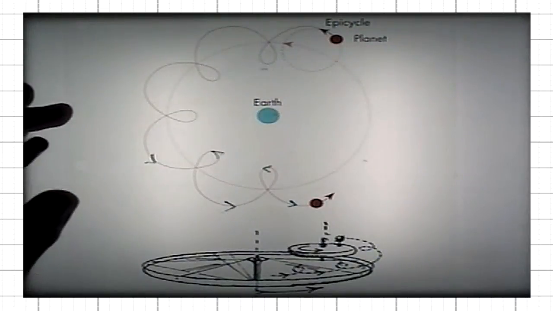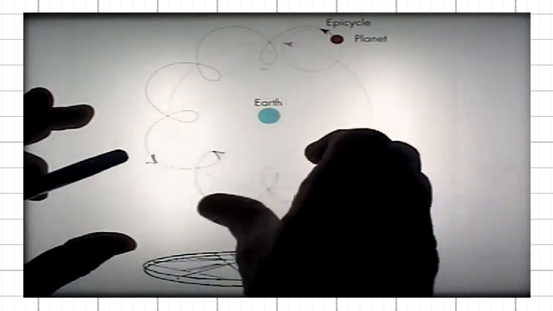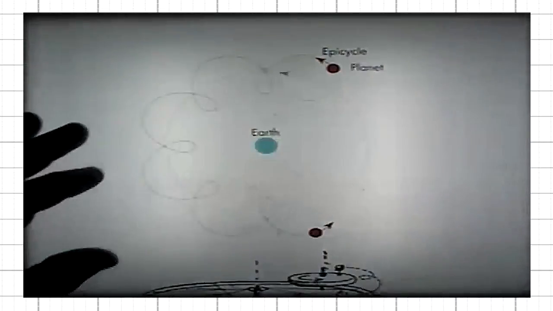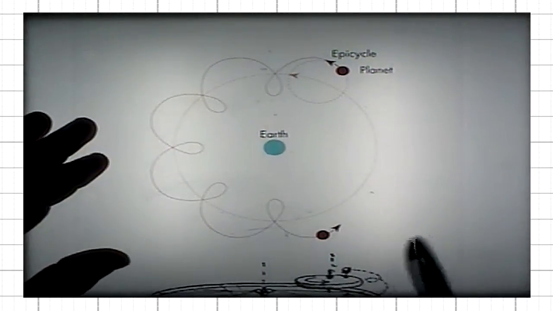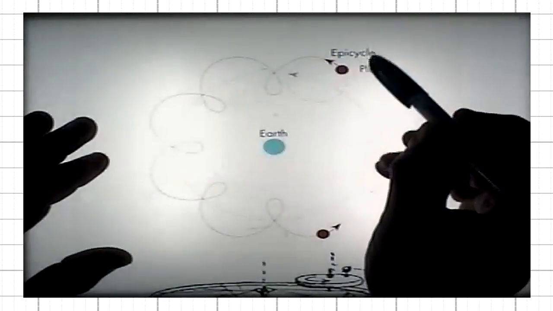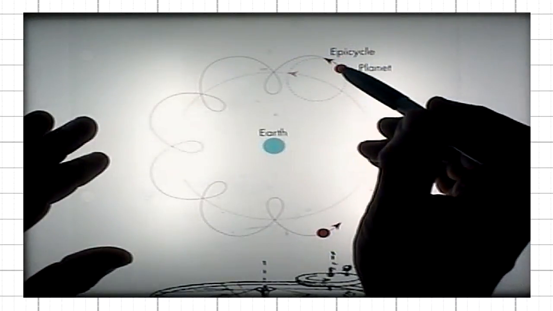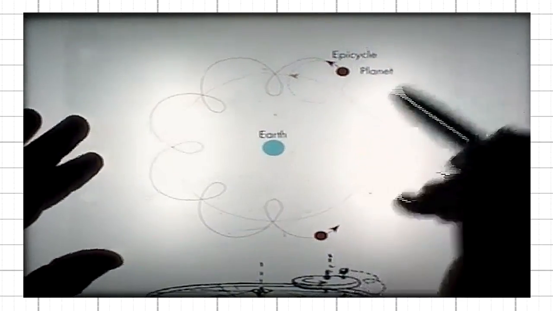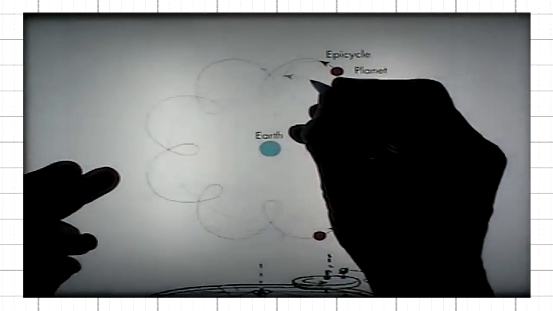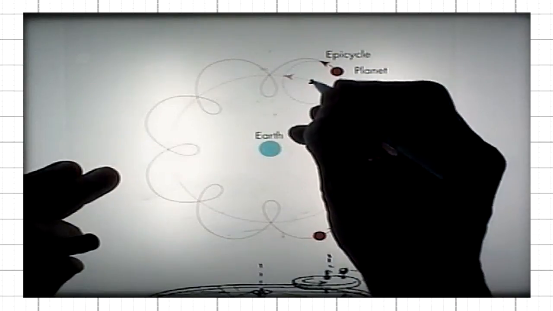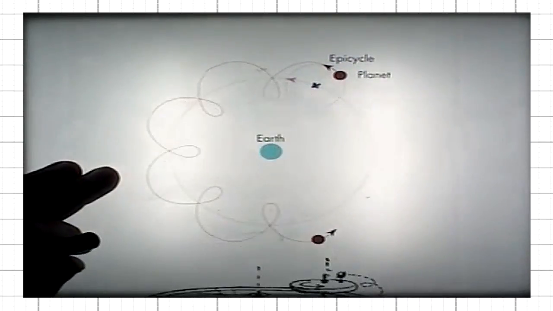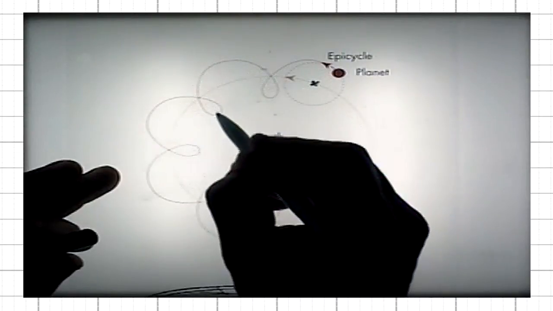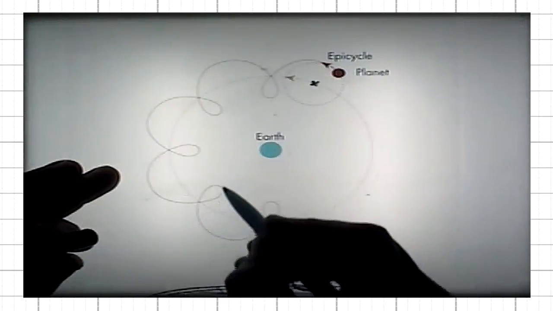So in other words, in epicycle system, you have that planets are moving along small circles whose centers are moving along a bigger circle. And as a result, the trajectory of the planet has this loopy shape.